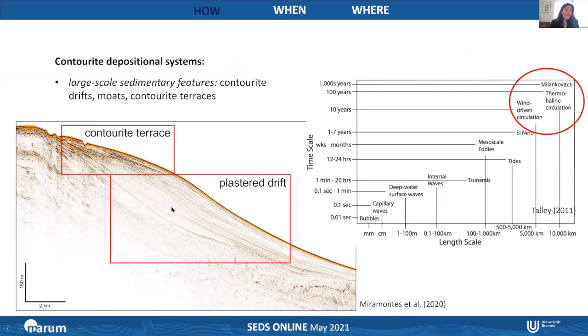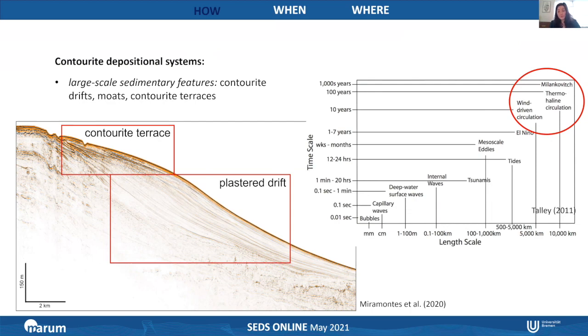So we have the larger drifts, for example, like here, the contourite terrace with the plastered drift, that mainly form along the slope and can probably be related to the thermohaline circulation, to all these currents that are more or less stable in time.